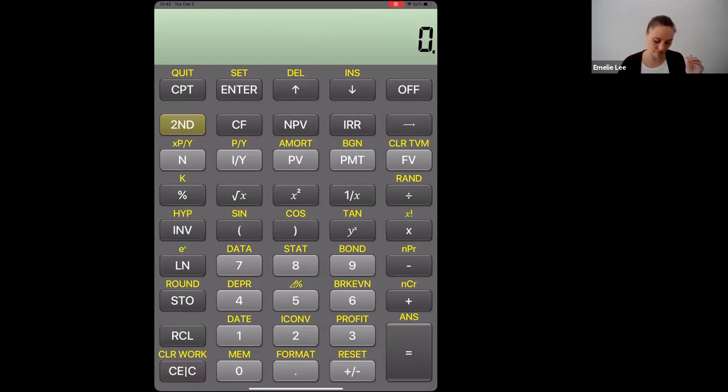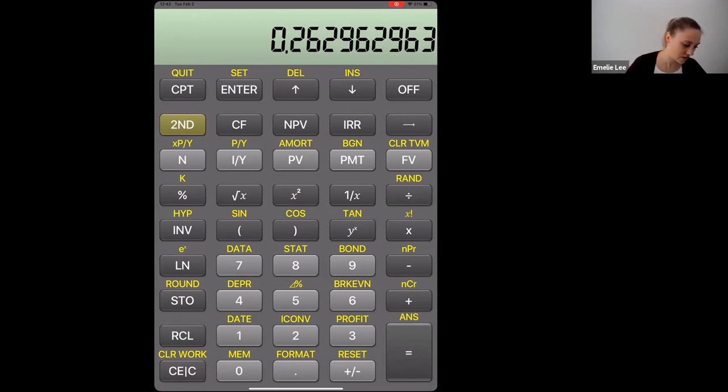So first I'm going to do 1 plus recall 1 equals, and we know what that should be, 1.356, blah, blah, blah. I'm going to store that in slot number 2. And then I'm going to do recall 1 over recall 2. So recall 1 divided by recall 2 is roughly 0.262962963.